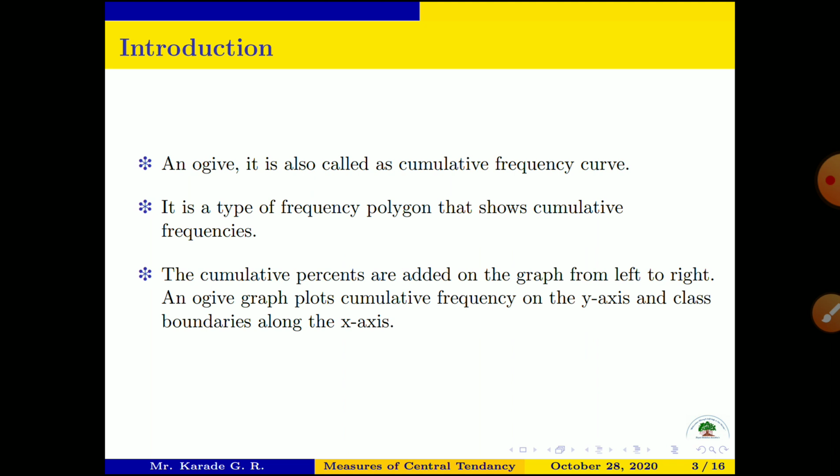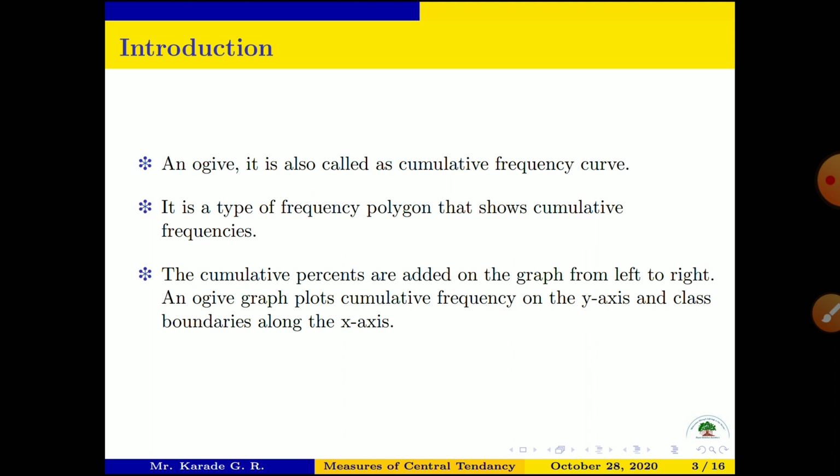The cumulative percents are added on the graph from left to right. An Ogive graph plots cumulative frequency on the y-axis and class boundaries along the x-axis.